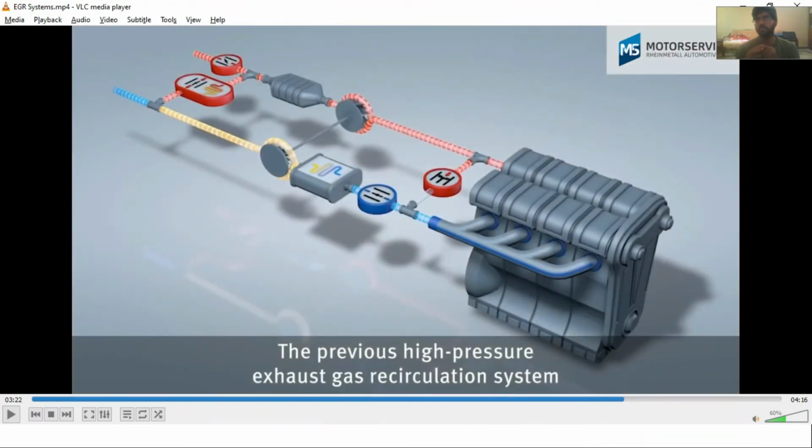So again, all of these systems are connected with each other. Like in catalytic converters, since we require low temperatures, this EGR cooler will cool the gas and then send it to the catalytic converter.